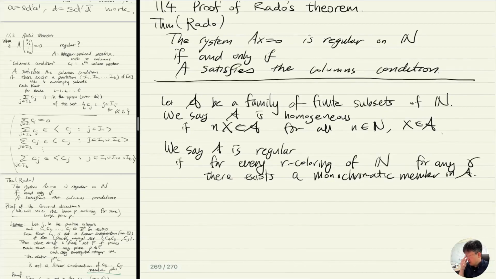It's similar: if A is the set of all solutions, then this is what we want. We want to have monochromatic solutions.